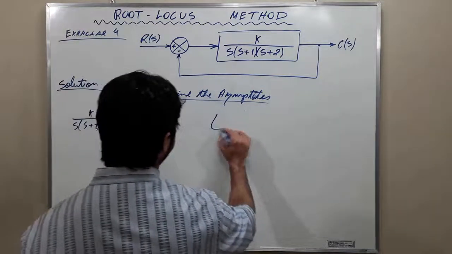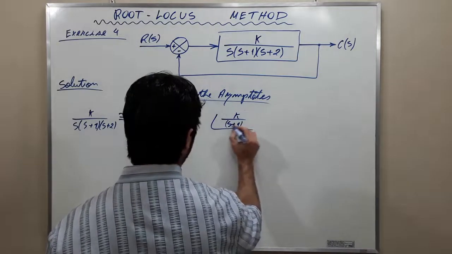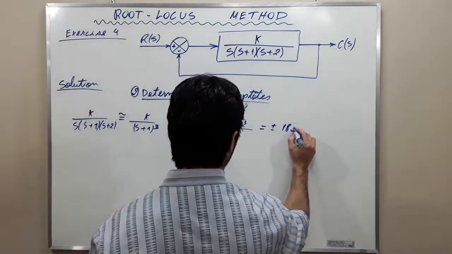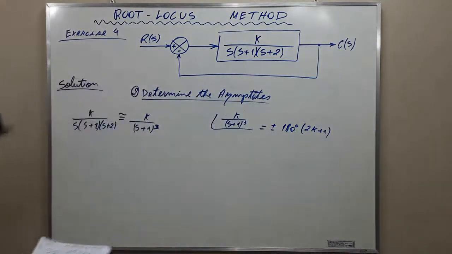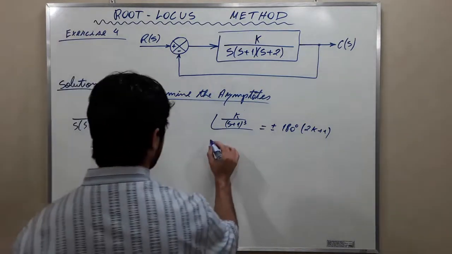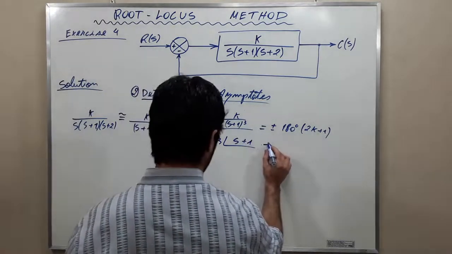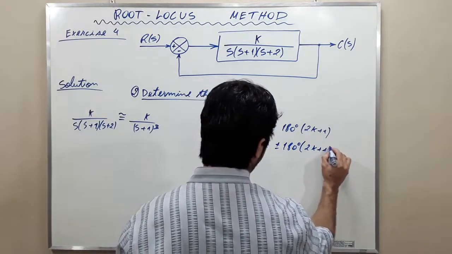The angle condition of k over (s plus 1) cubed has to be equal to plus minus 180 degrees (2k plus 1). Okay? A root locus given by this equation consists of 3 straight lines. Okay? So, minus 3 times the angle of s plus 1 equals plus minus 180 degrees (2k plus 1).